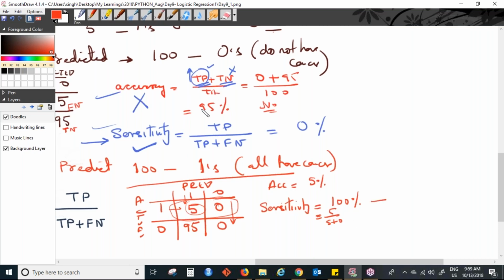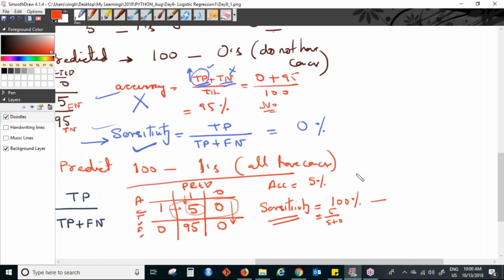We just saw that in such a scenario we should look at sensitivity. But if I change the scenario a little bit, my sensitivity is becoming 100%. So once again we have a clash between business understanding and what analytics is giving us. Right? So how do we resolve it?